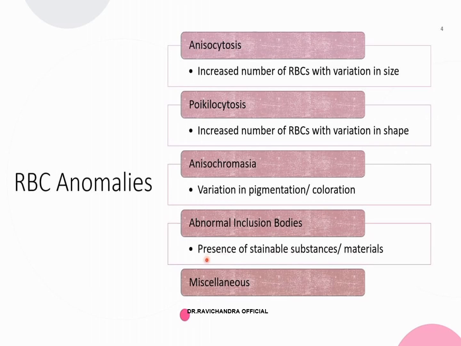First, anisocytosis. It is increased number of red blood cells with variation in size. Poikilocytosis, increased number of red blood cells with variation in shape. Anisochromasia will be variation in the pigmentation or coloration of the red blood cells. Whereas abnormal inclusion bodies in red blood cells will be because of the presence of stainable substances or materials.